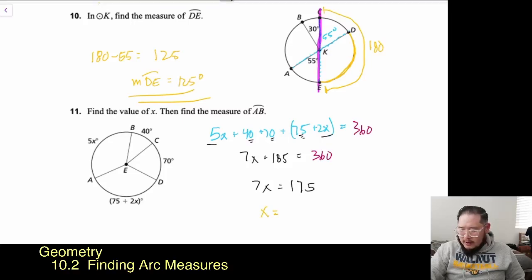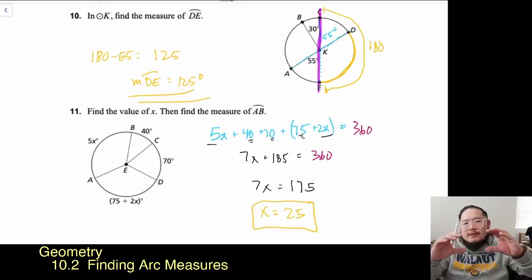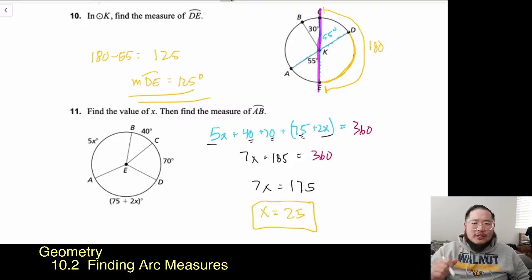Okay, we'll divide both sides by 7, and x is equal to 25. Once again, make sure you guys are showing your work top down, not left to right. Okay, I see the equation up at the top, and I'm seeing how it's getting smaller and getting to my final answer. It's good practice. Your teachers will love you for it. I will like you for it, okay? So let's go. We went ahead and found x. The last thing is find arc AB.